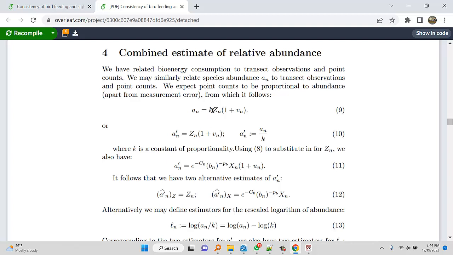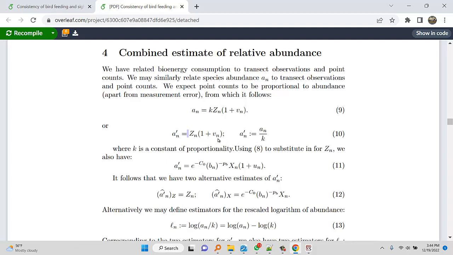So instead of estimating this abundance completely, I can estimate what I call scaled abundance, which is the total abundance divided by k. So I do not need to worry about the constant of proportionality.